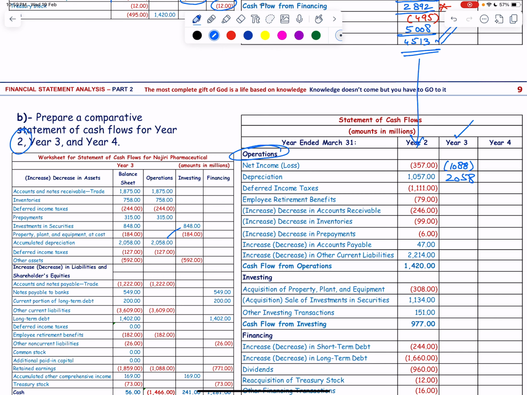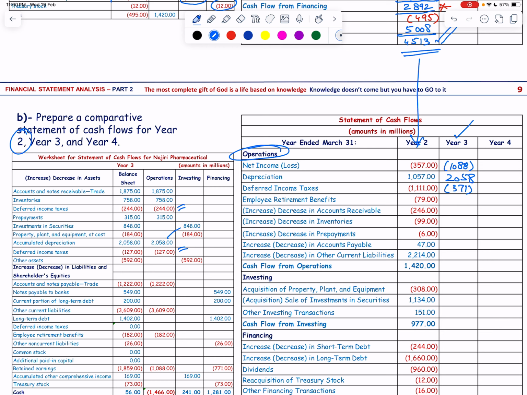Then after that we have the deferred income taxes, and the deferred income taxes are how much. So again you can see we have negative 244, and deferred income taxes are negative 127. So we sum up, this will be negative 371.